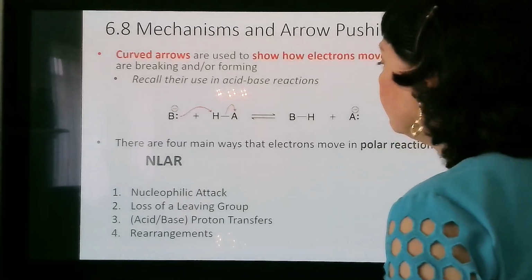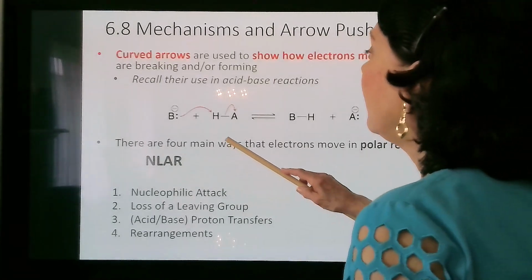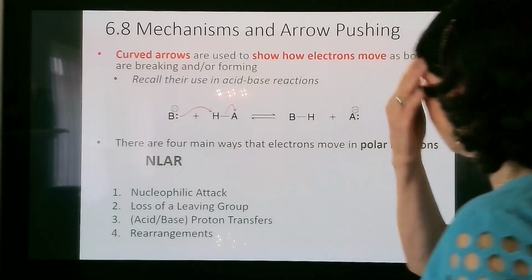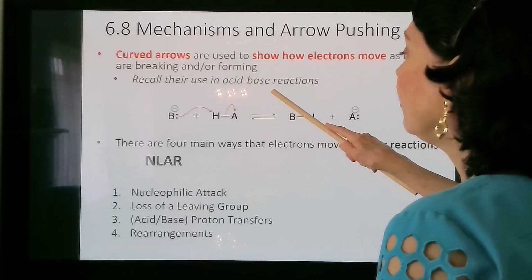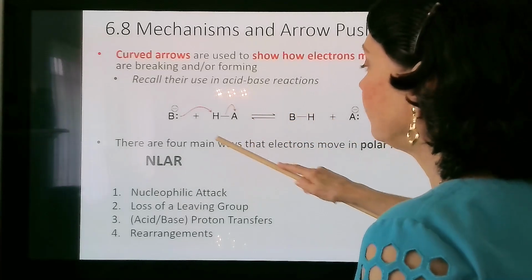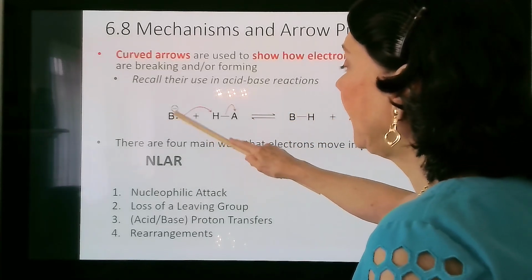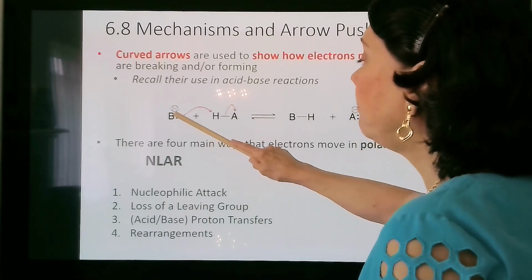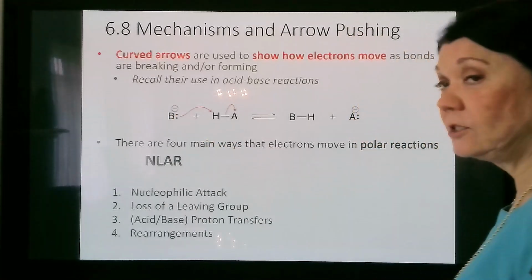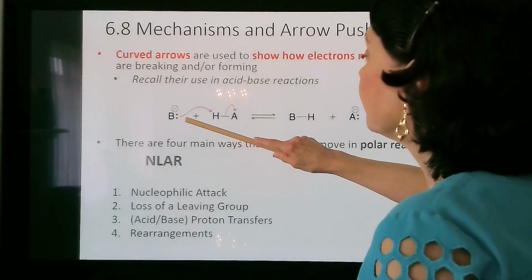Okay? So, here you have the arrows, it says recall the use of these arrows in the acid-base reaction. So here you have a base, B, that is not boron. B, when you see the double dot, that's base, not boron.